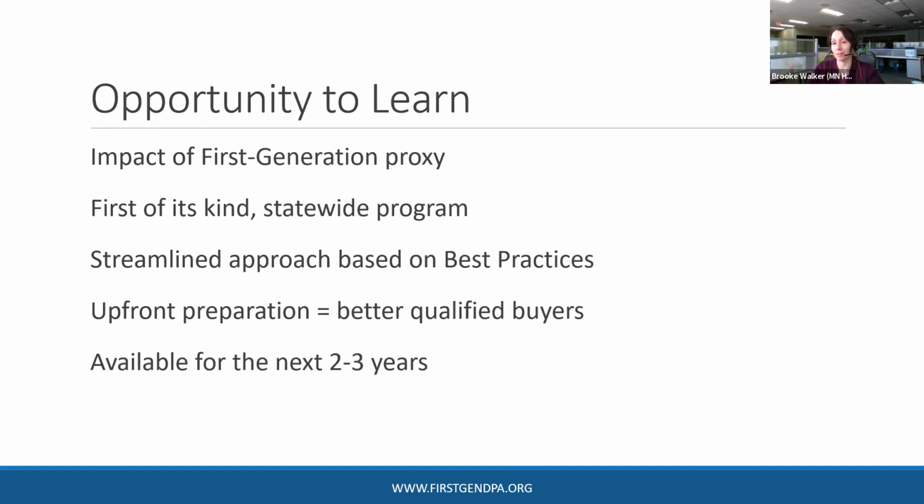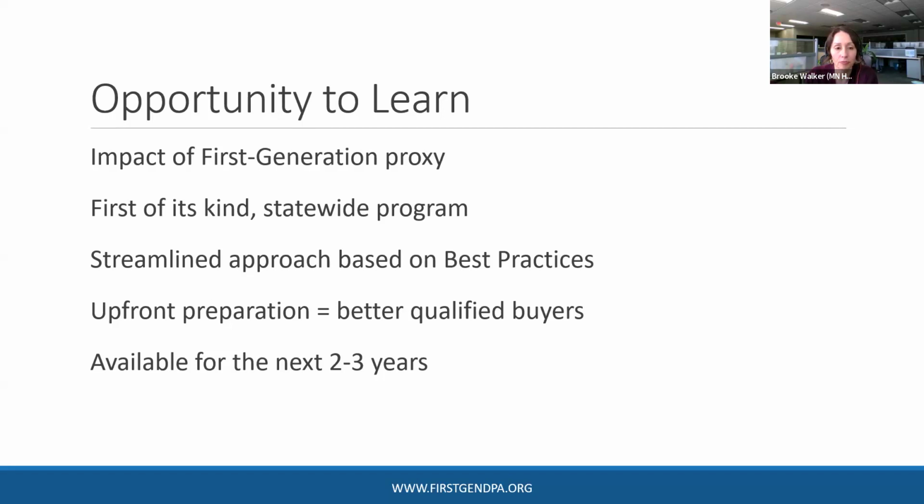We are going to attempt to measure and see the impact of these best practices and if it will streamline the approach, and believe that buyers are going to be more prepared up front, and that we're going to see a lot smoother closings and fewer deals falling apart, and more confident buyers, and hopefully help to turn around a little bit the reputation of down payment assistance and help sellers see that it can be beneficial, and that a reservation is in some ways as good as having cash in hand.